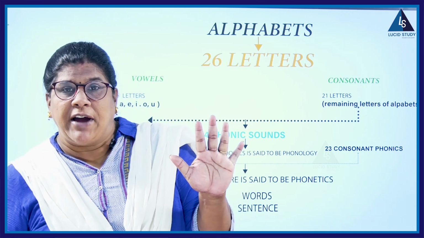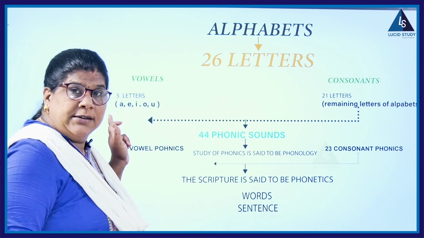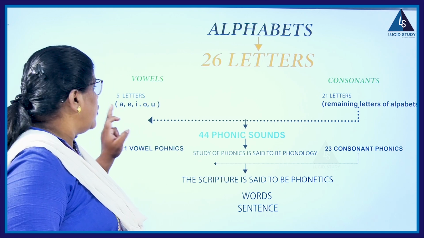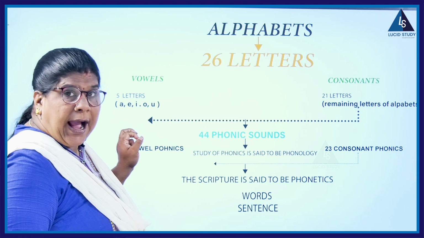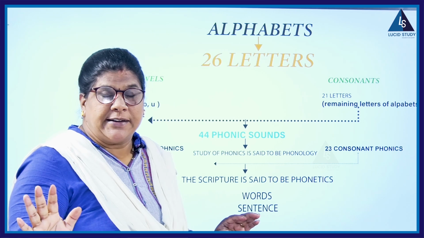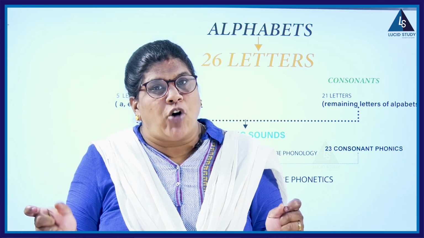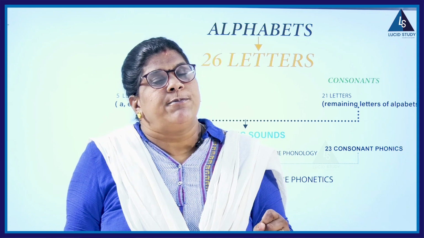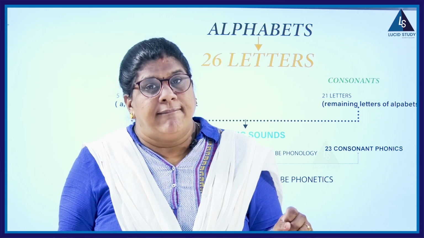In English, only 5 letters are vowels. Those 5 letters are A, E, I, O, U. These 5 letters are vowels. They help to form a word in a proper pronunciation. That's the reason they are called vowels.